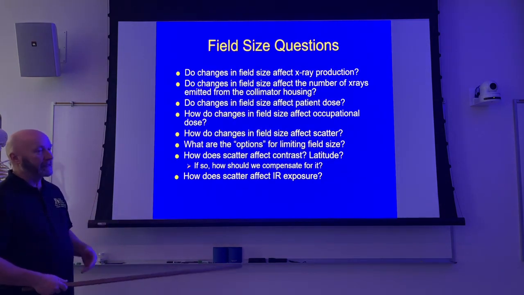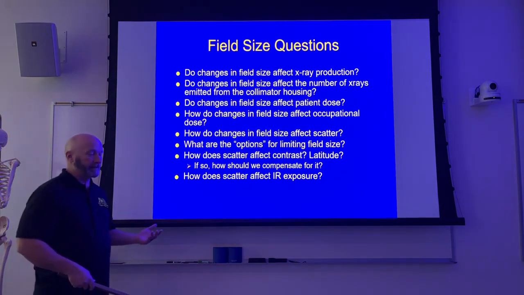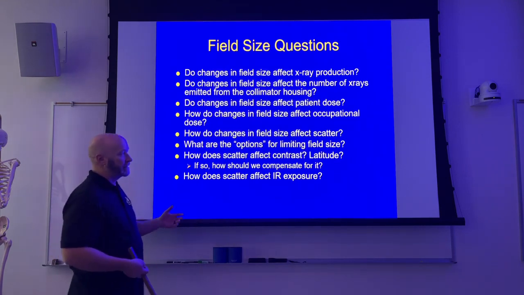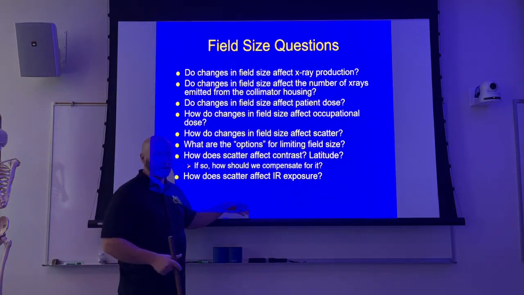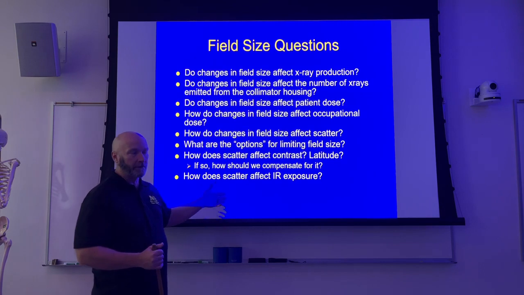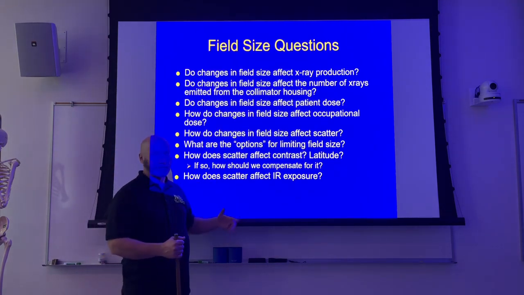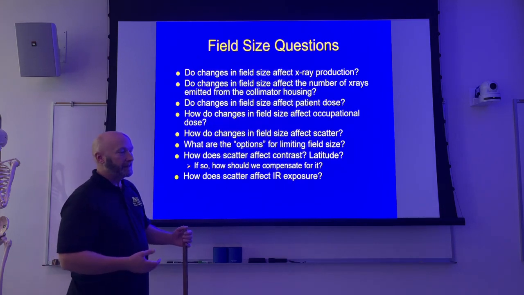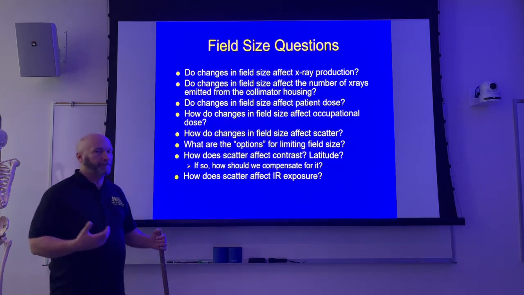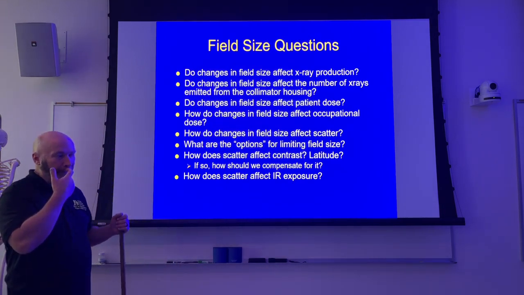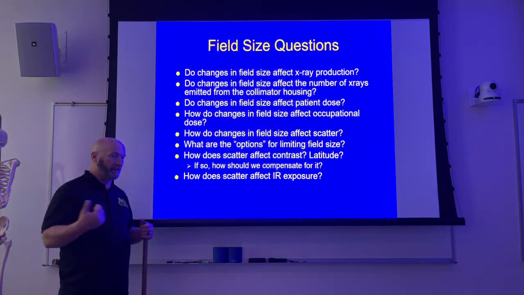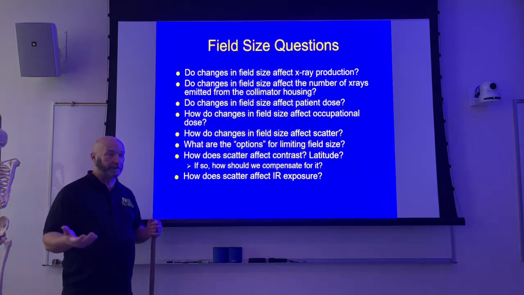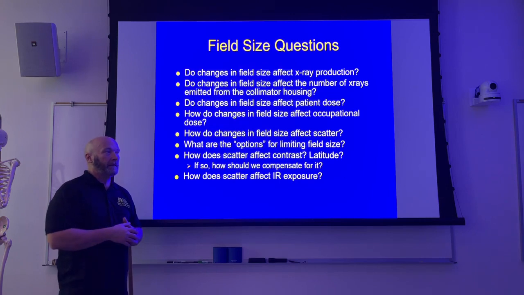Well, again, just like almost everything that we've talked about so far, our compensation for increasing collimation or decreasing collimation, either one, is going to be increased mass. And it's not going to be as dramatic as some of the other things that we looked at. With an increase in SID, you have to increase your mass by the square of the distance.